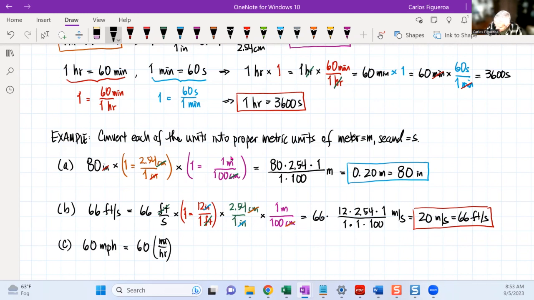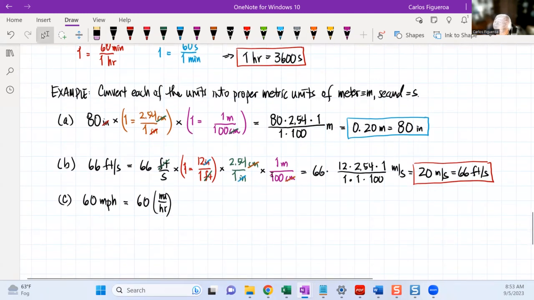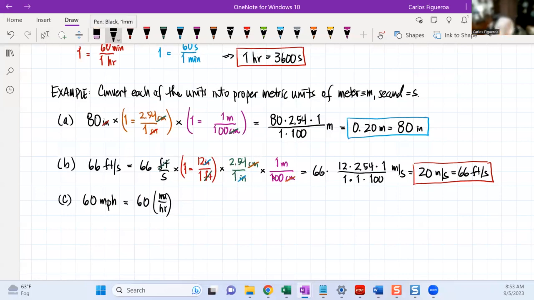So what I'm going to do here is that I did a search. Okay, so right here, I did an online search, and I found that 1.609 kilometers is equal to 1 mile.